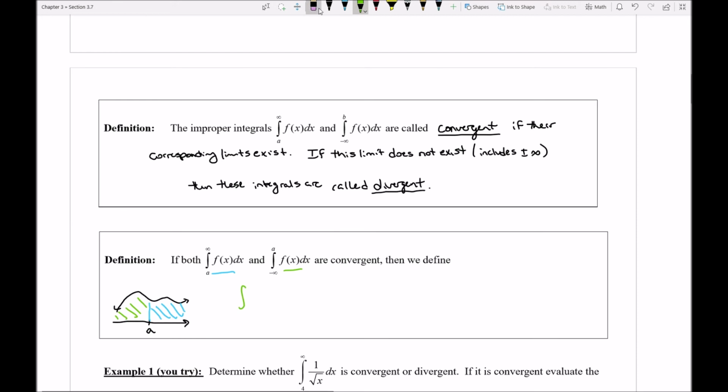We will then go ahead and define an integral from negative infinity to infinity of our function, and that will actually just be equal to the sum of those two integrals.